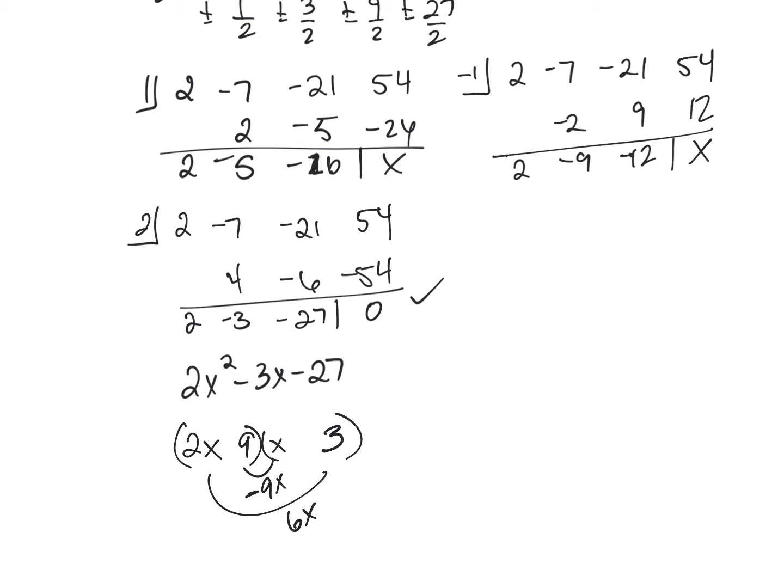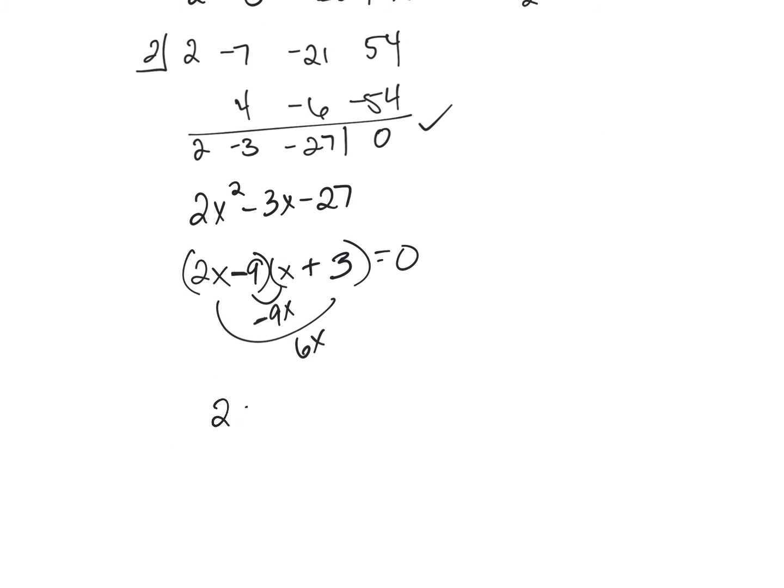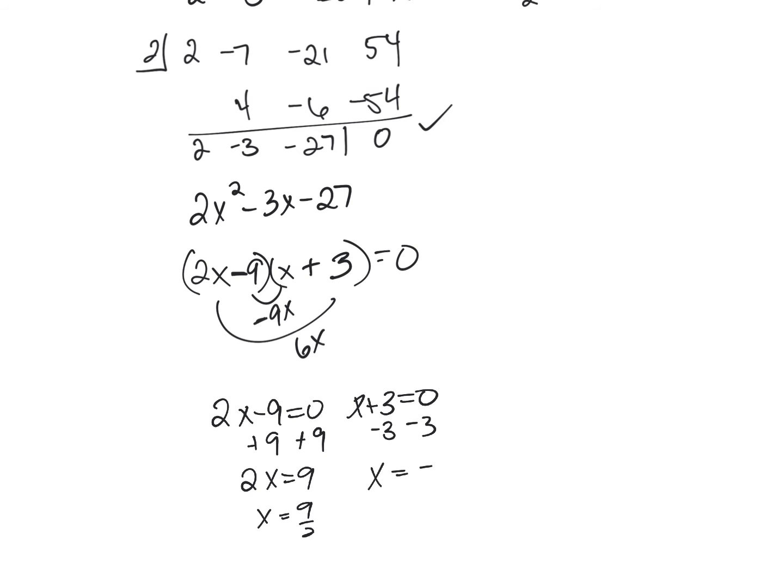Negative 3 would make it negative 9 and positive 3. All right, so then it's 2x minus 9 equals 0, and x plus 3 equals 0. So we add 9, 2x equals 9, and x is 9 halves, and minus 3, x is negative 3. So there's my 3 answers for the x to the third power.